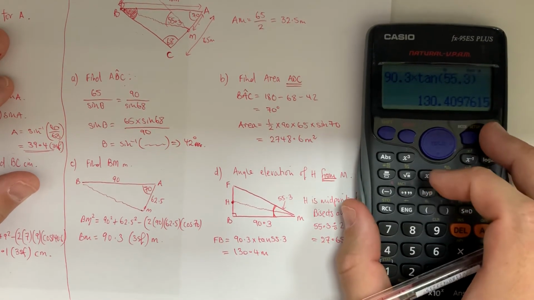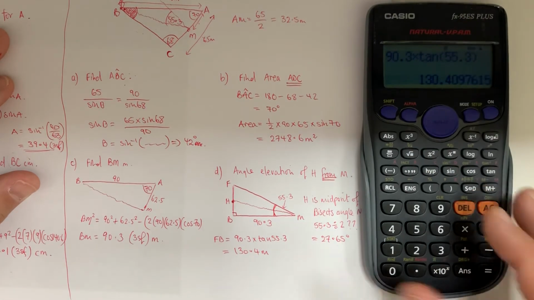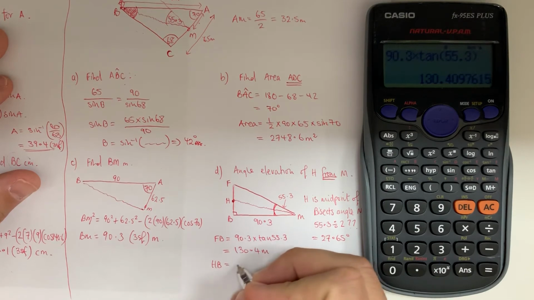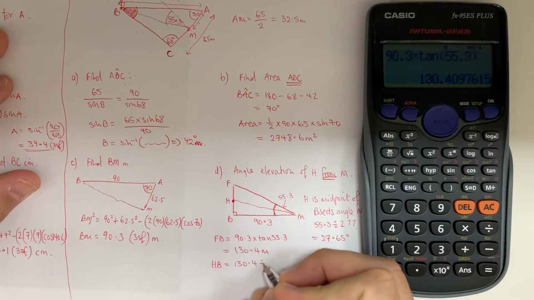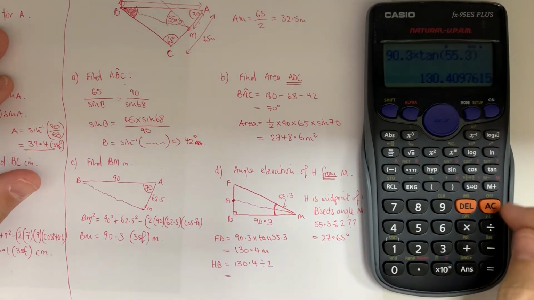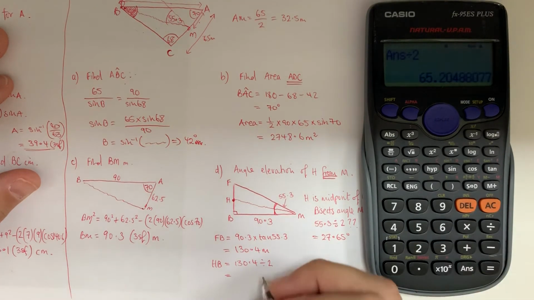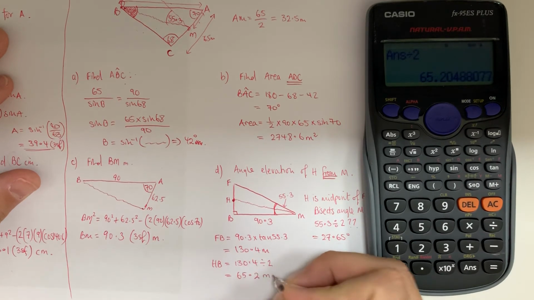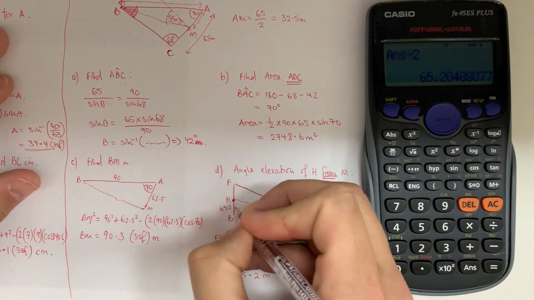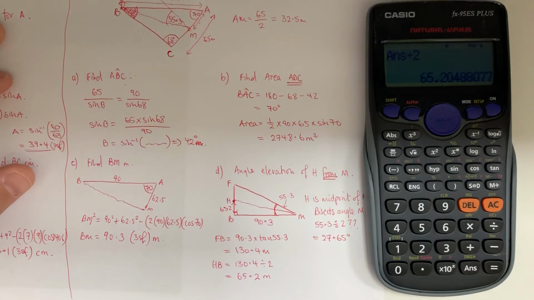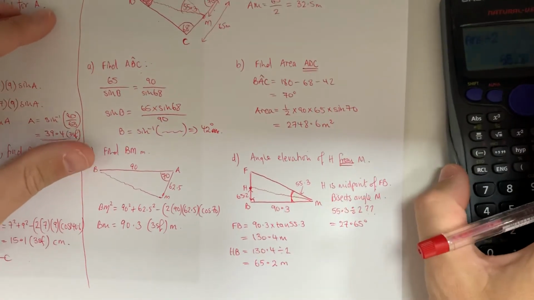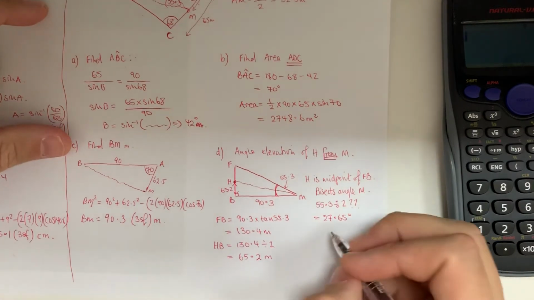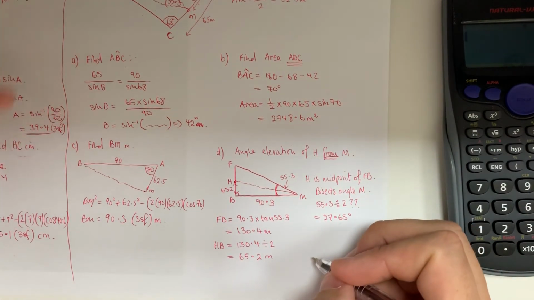Now if I divide that by 2, that's going to be HB. So HB up off the ground is equal to 130.4 divided by 2, which gives me 65.2 meters. So this is 65.2. So all I'm doing is verifying that it's bisected. So I've now got an opposite and adjacent. So let's just check that this all links together.